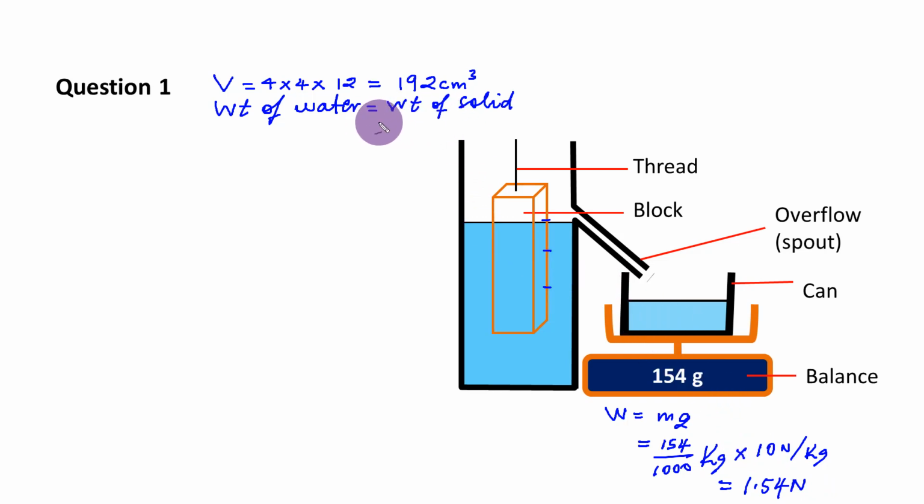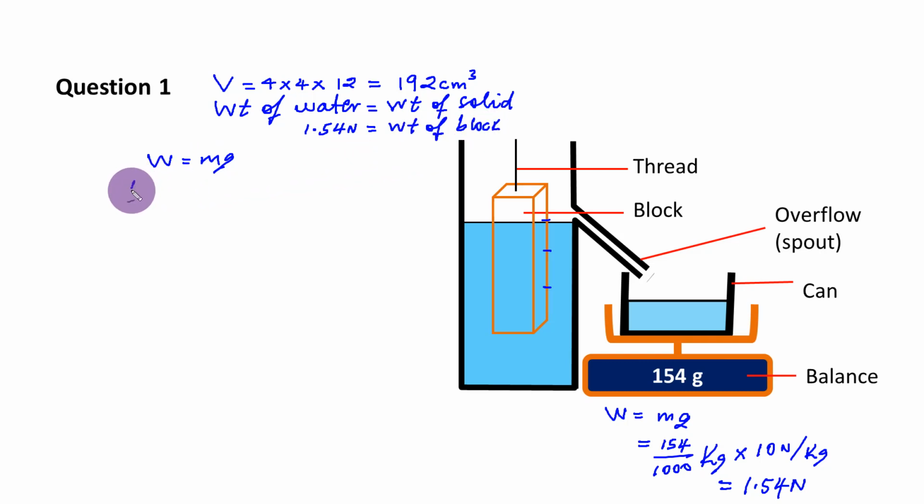So it means that the weight of the water, being equal to 1.54 newtons, should be equal to the weight of the block, which I'm calling the solid. Now I can work backwards. Since I know W is equal to mg, I want to get the mass of the block.